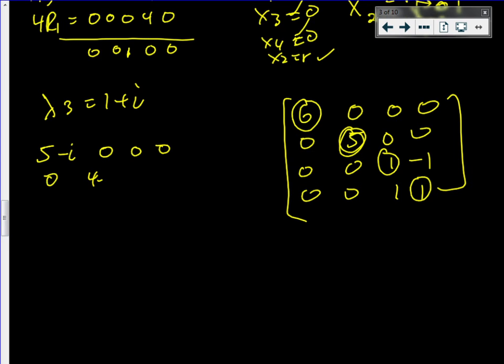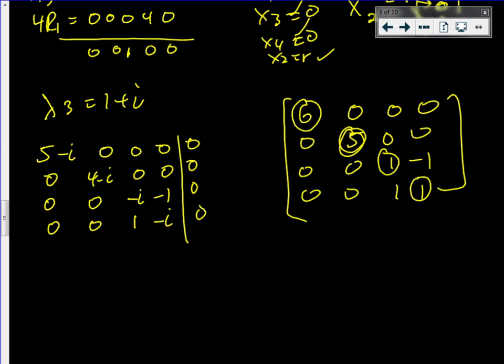We're going to have 4 minus I, 0, 0. We're going to have 0, 0, minus I, negative 1. And we're going to have 0, 0, 1, negative I. And this, 0. Okay, we no longer need this.